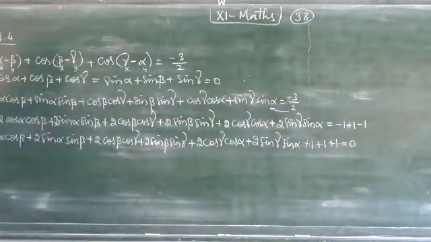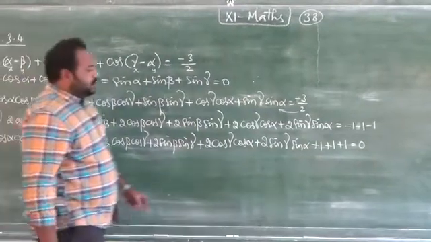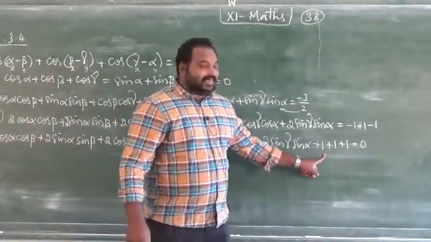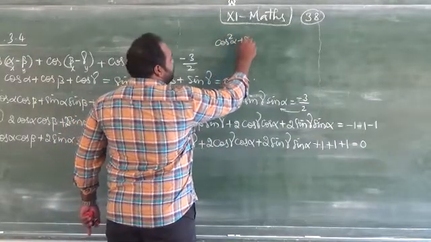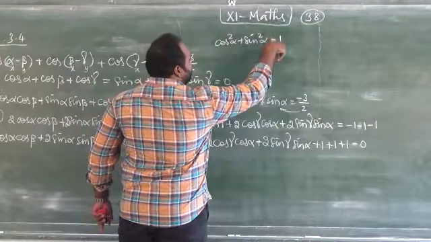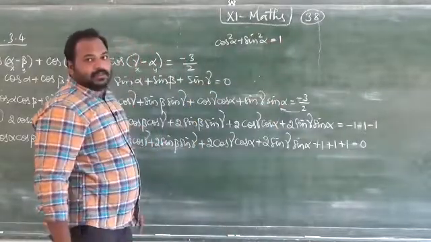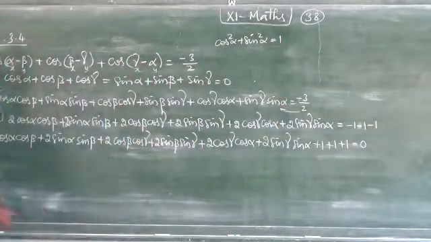Now once again, we know the formula cos square alpha plus sin square alpha equal to 1. So instead of 1, we can write this.